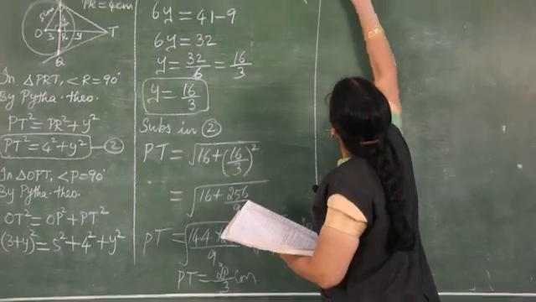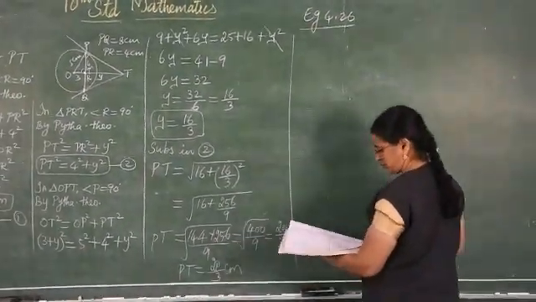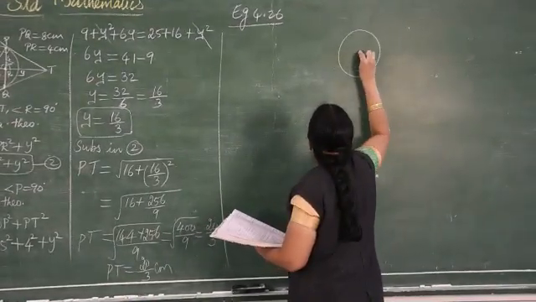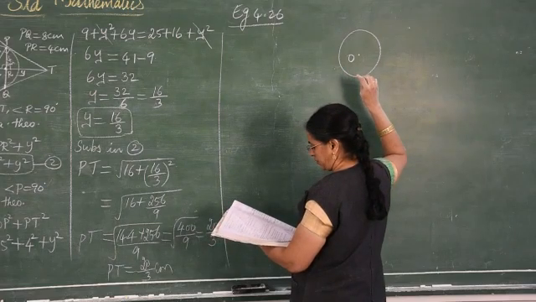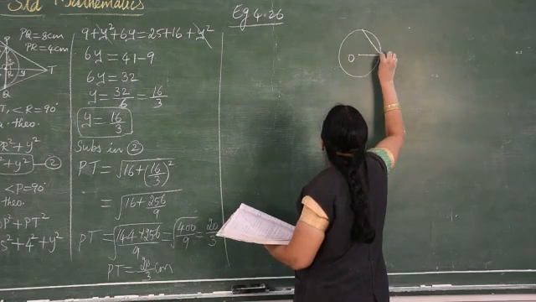Example 4.26. O is the center of the circle. PQ is a chord.